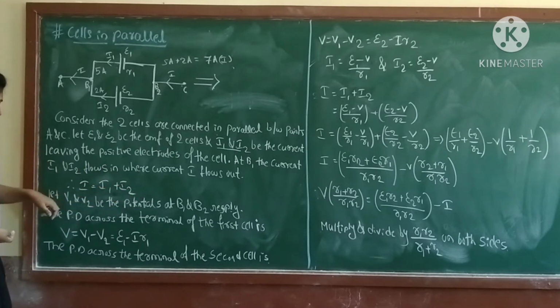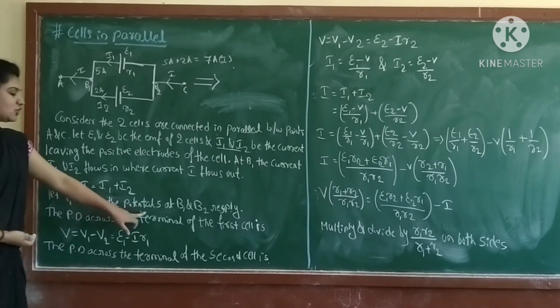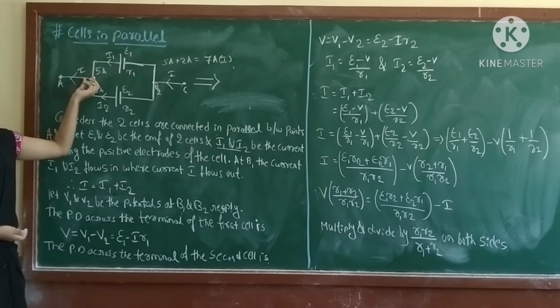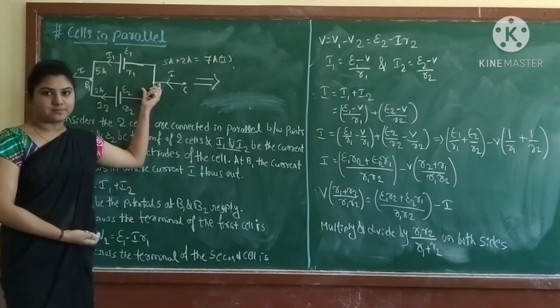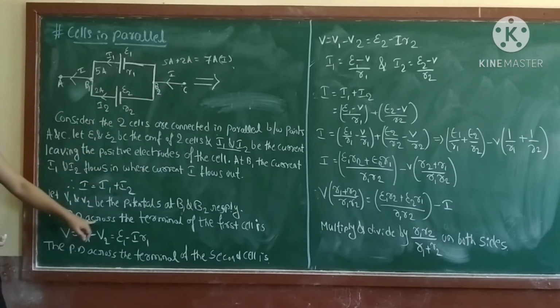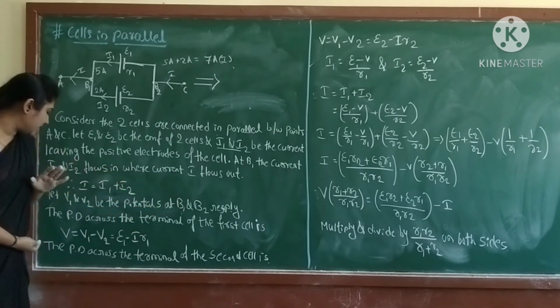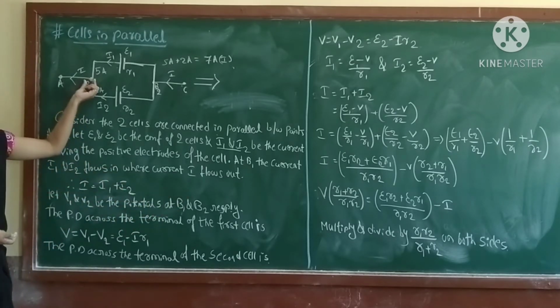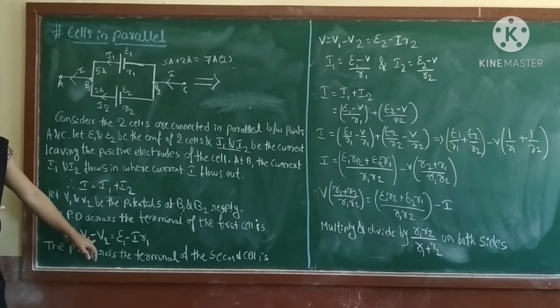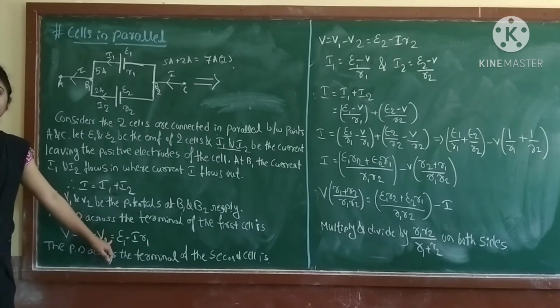Then let V1 and V2 be the potentials at these two points. Here one potential will be there, and here another potential will be there. The potential difference across the terminals of the first cell, at the point B1, we are calculating. V is equal to V1 minus V2. How much are we getting?